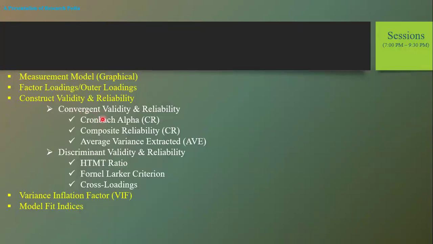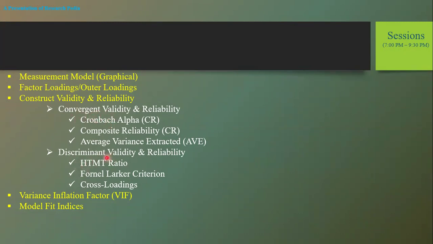If I am comparing my present performance with my past performance, it is the case of convergent validity. So whenever you are comparing a construct internally with its own values, you are dealing with convergent validity.